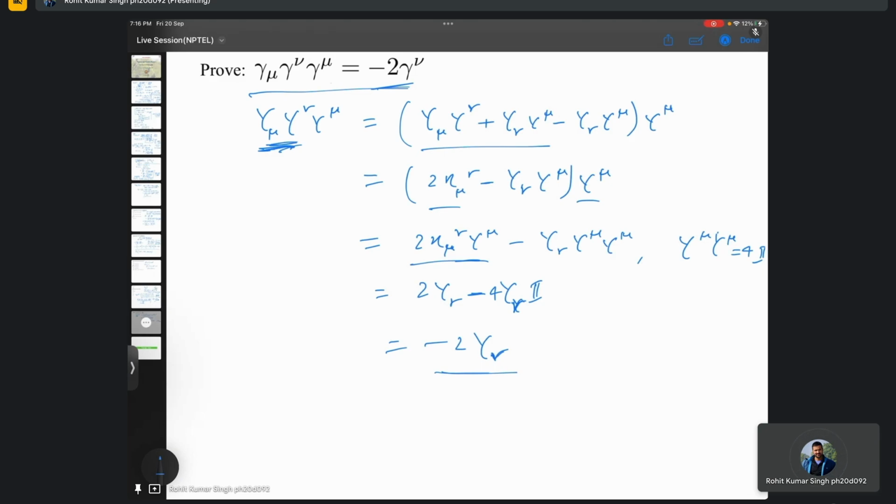In the second last step, the first term, how did it come about? You're asking how this is there. We just saw that term.